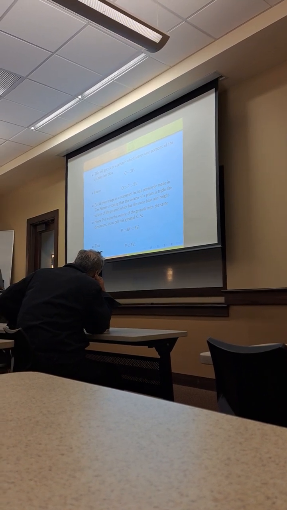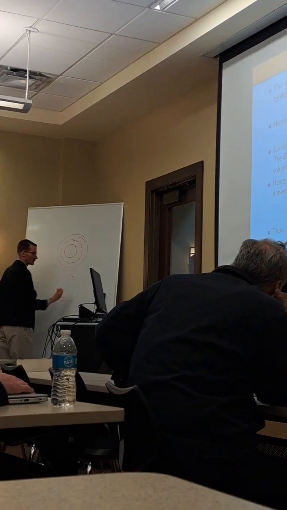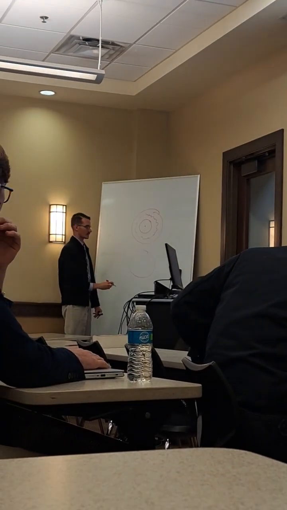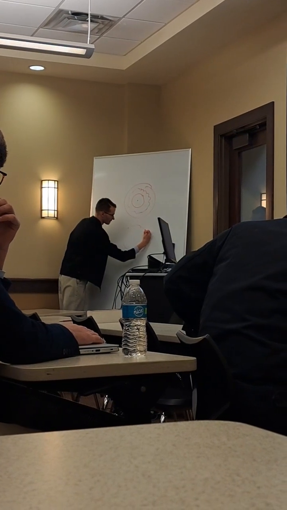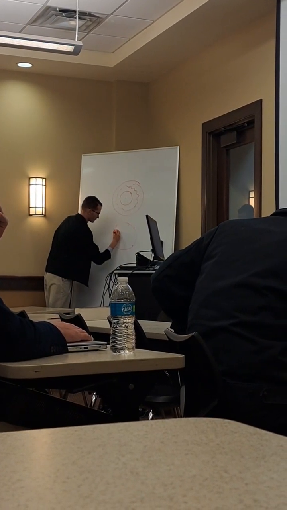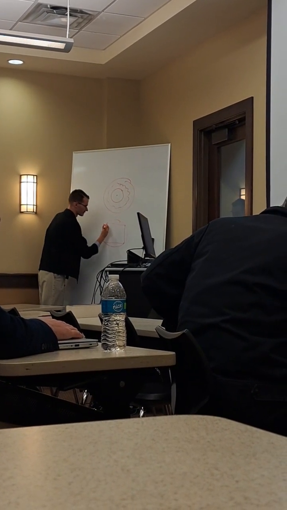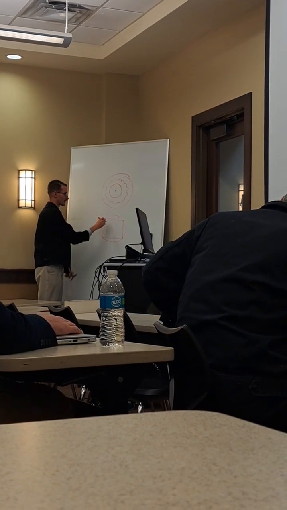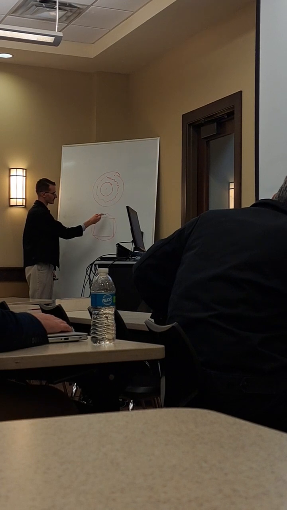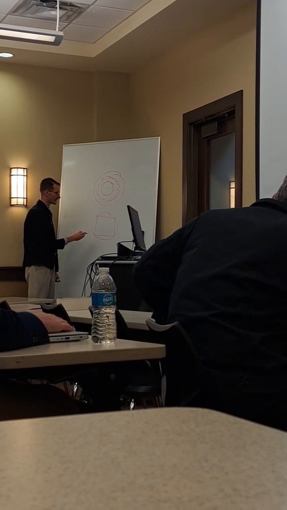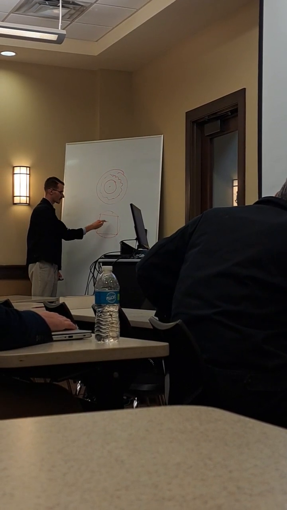Suppose this is the base of V, the cone, and let's suppose this is the base of the pyramid in it. Well, you can see that the circle takes up a lot more area than the square.